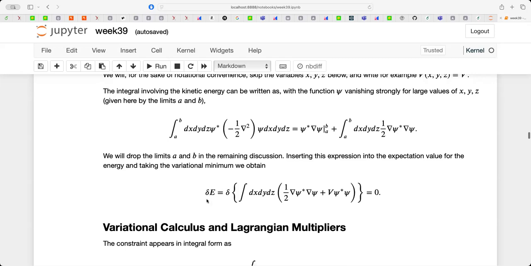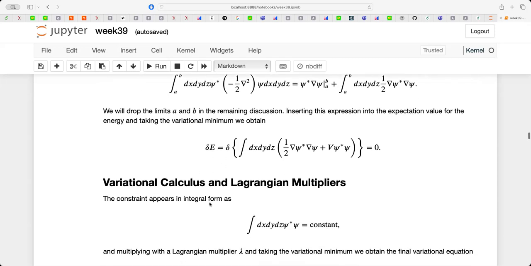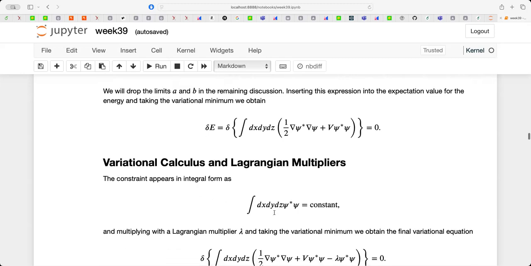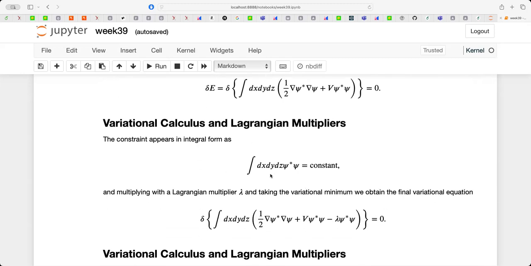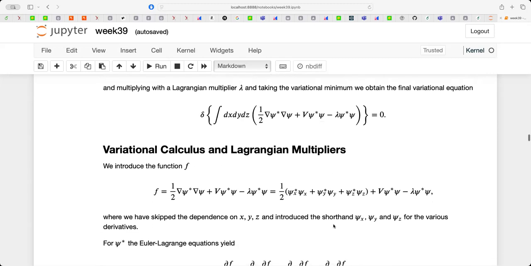And so what we want is that a small change in this function psi leads to a change in energy, which we now want to set to zero. So we have this constraint here, and it's common to lump the constraint together with the function we want to optimize. This introduces a so-called Lagrangian parameter, or Lagrangian multiplier.